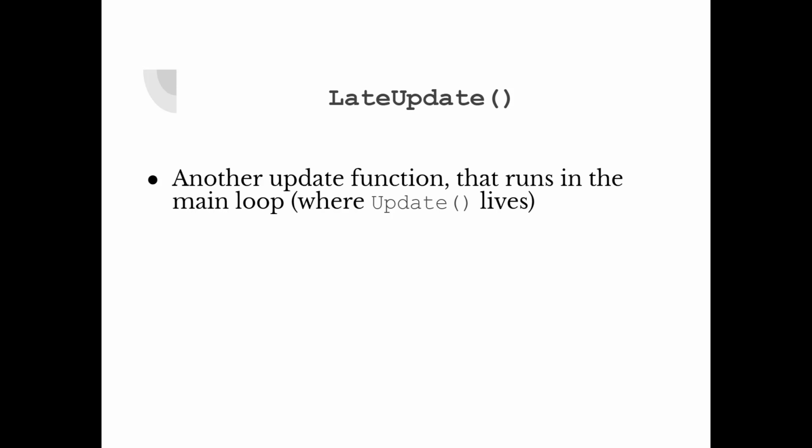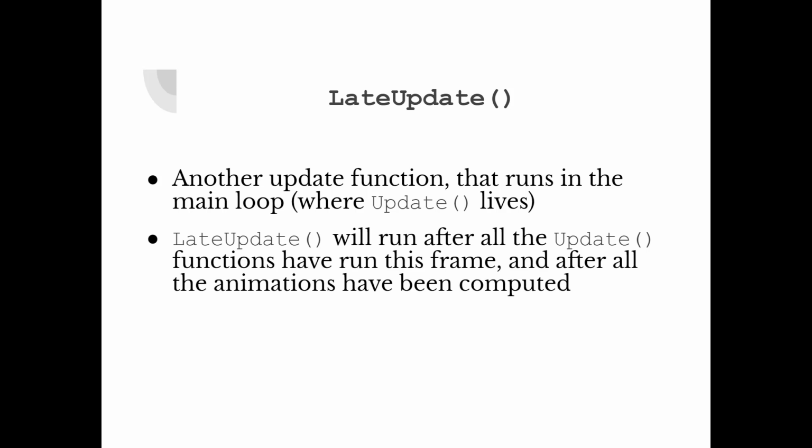We also have this function called the LateUpdate function that each of your components can also have, part of your MonoBehaviour. It's similar to the idea of Awake and Start, except LateUpdate happens after Update. So it is another update function. It runs in the main loop where Update lives, but it happens after all of the Update functions have run in this frame.